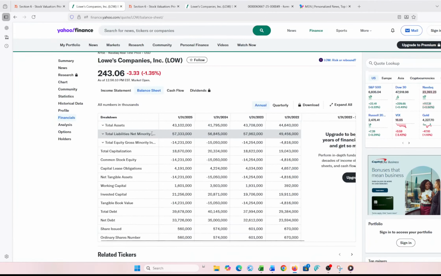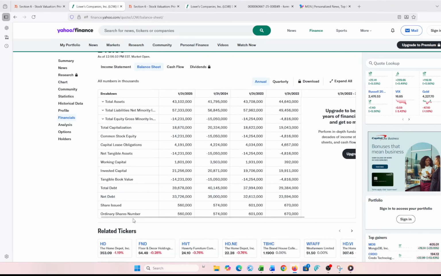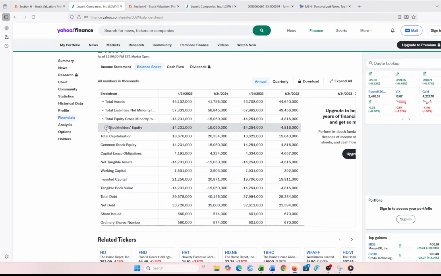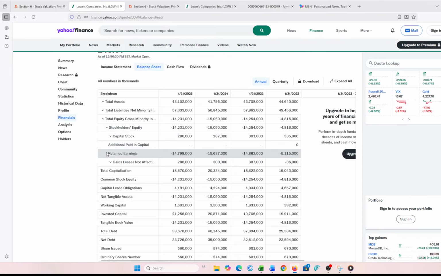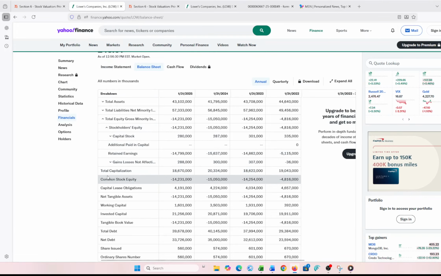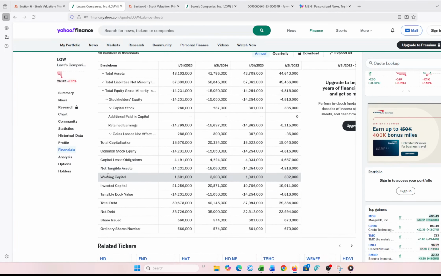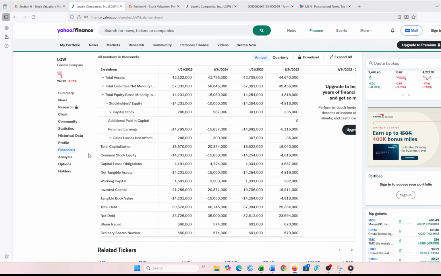Let's see if we can find shares issued. Looks like they're buying back stock, which is interesting. Stockholders' equity we got here. Capital stock, retained earnings, common stock. I don't know if that's what you want. Shares issued. Remember the 560,000.